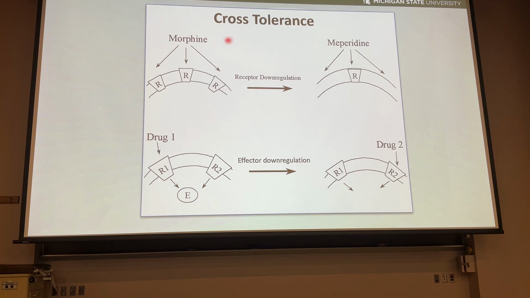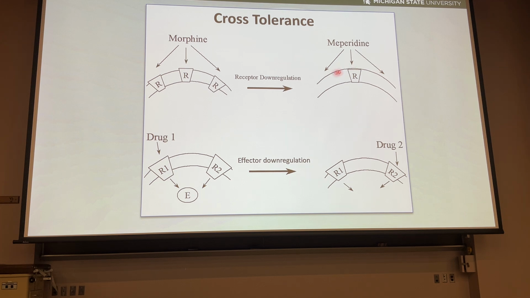Let's say you have repeated exposure to morphine, receptor downregulation happens, and then you're administered meperidine. People probably know it better as Demerol. It's not as popular as some of the other opiates, but Demerol is also used in clinical setting, and if you have repeated exposure to morphine, you're going to desensitize against Demerol, against meperidine, because they target the same receptors.